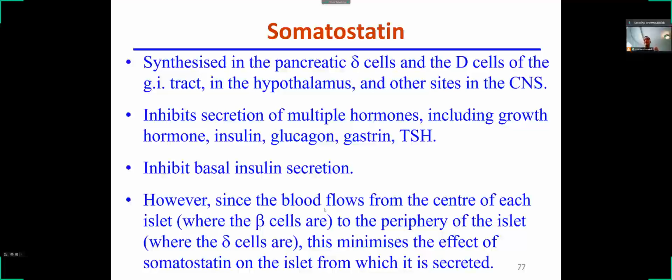Because beta cells are upstream of this flow of blood and somatostatin is then secreted downstream, it has a harder time impacting insulin of the beta cells upstream. So for diabetes, it's not necessarily an ideal target, but for other indications, somatostatin is of interest.